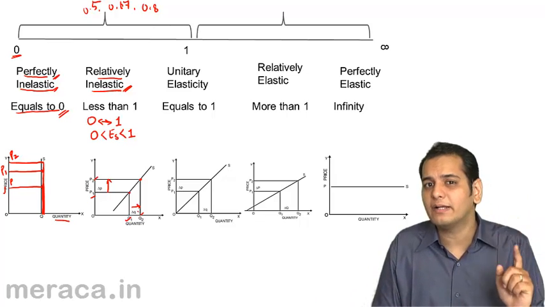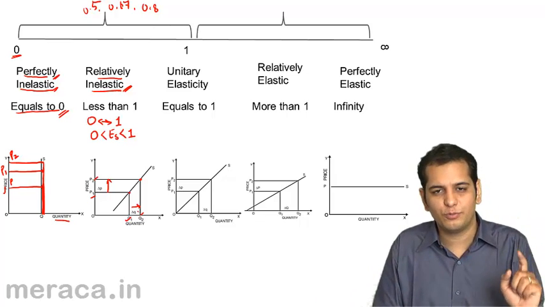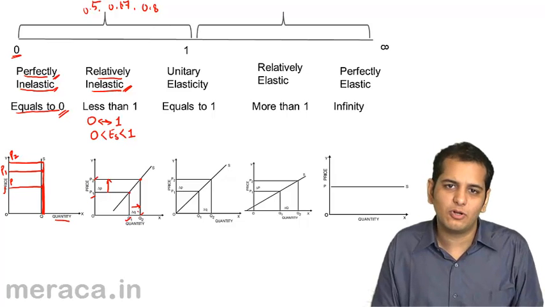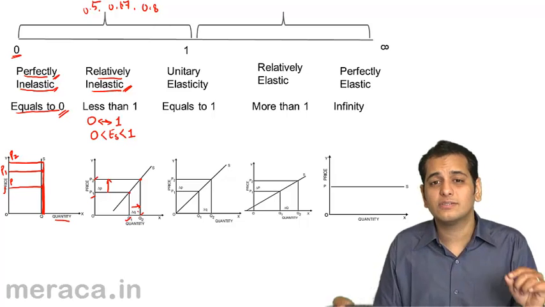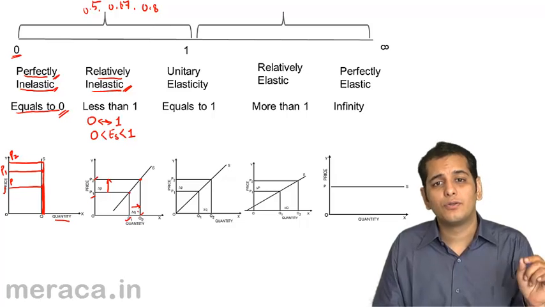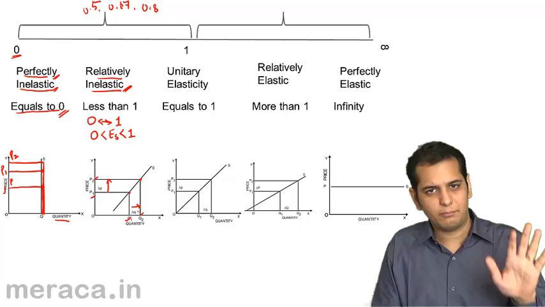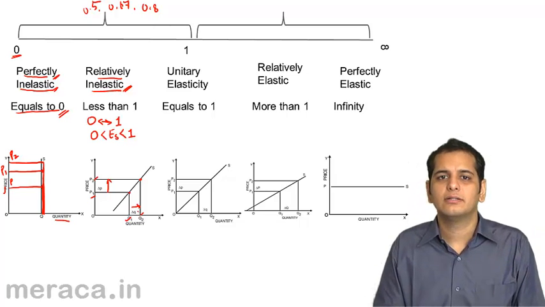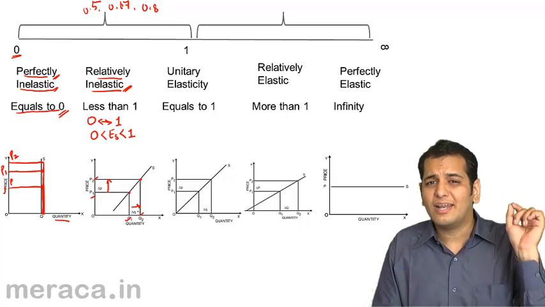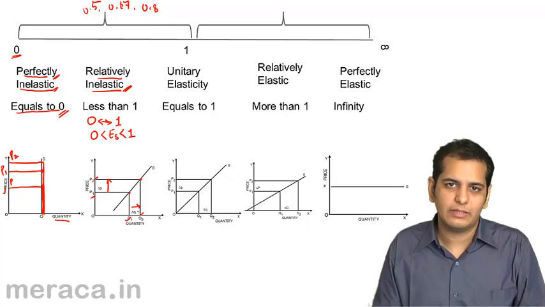It is not perfectly inelastic. In case of perfectly inelastic, the supply will not change. Here the supply is changing but not in proportion to a change in price. So we say that the supply is inelastic, but it is relatively inelastic, not perfectly inelastic.